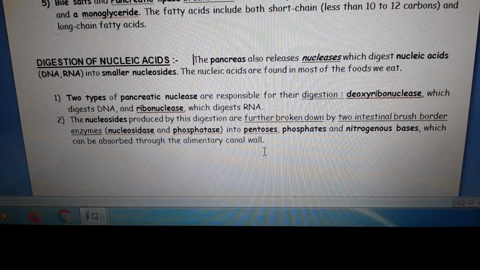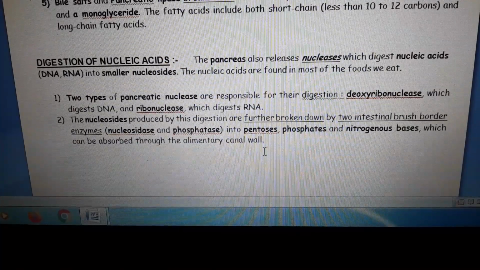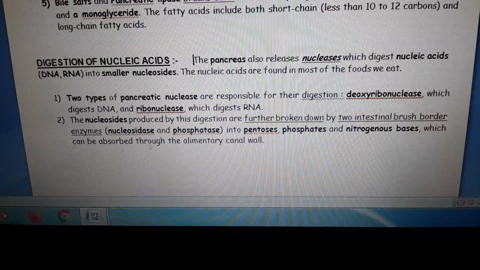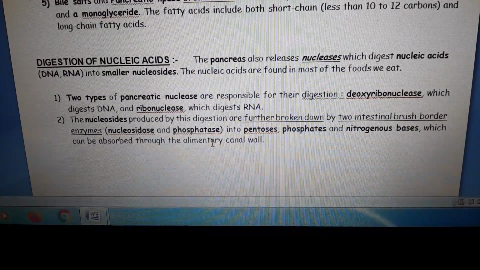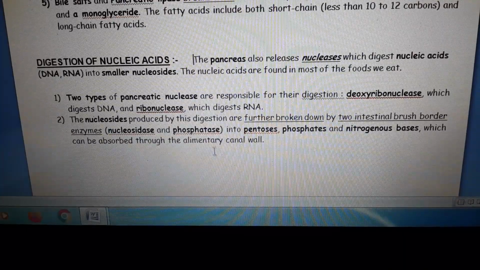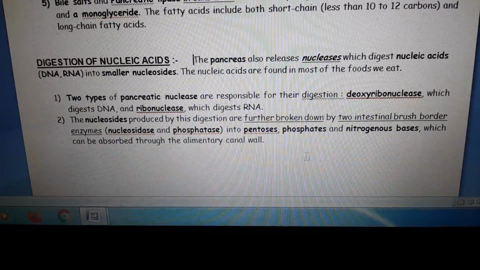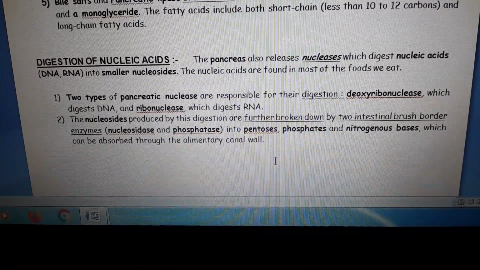Deoxyribonuclease acts on DNA, ribonuclease acts on RNA, and they break them into the smaller nucleosides. Again, two other enzymes, nucleosidase and phosphatase, act on these nucleosides to break them into pentoses, phosphates, and nitrogenous bases.